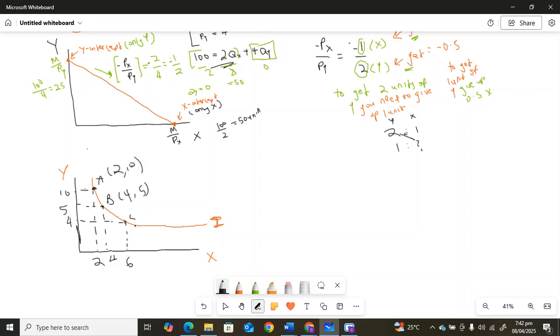So here, you can have 6 units of good x and 4 units of good y, but your satisfaction is going to stay the same. So any point on the indifference curve is just showing you the different combinations of the goods while you're maintaining the same utility, the same satisfaction.